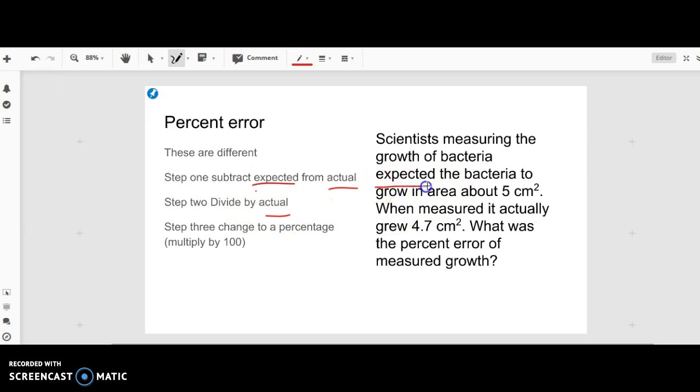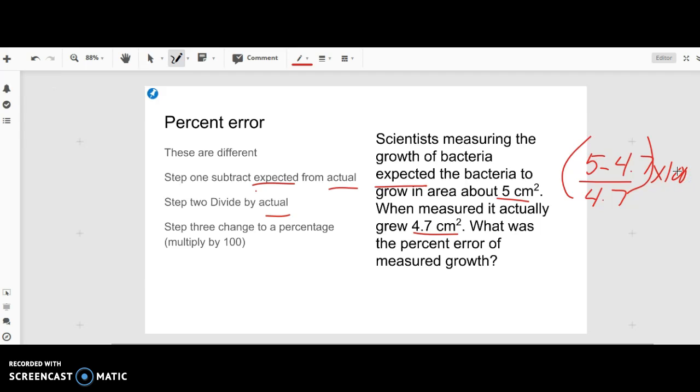So I expected the bacteria to grow by 5%, and it actually grew by 4.7. What was the percent error? So expected was 5, my actual was 4.7, and divide by 4.7. And then I multiply all of this times 100 to make it a percent.